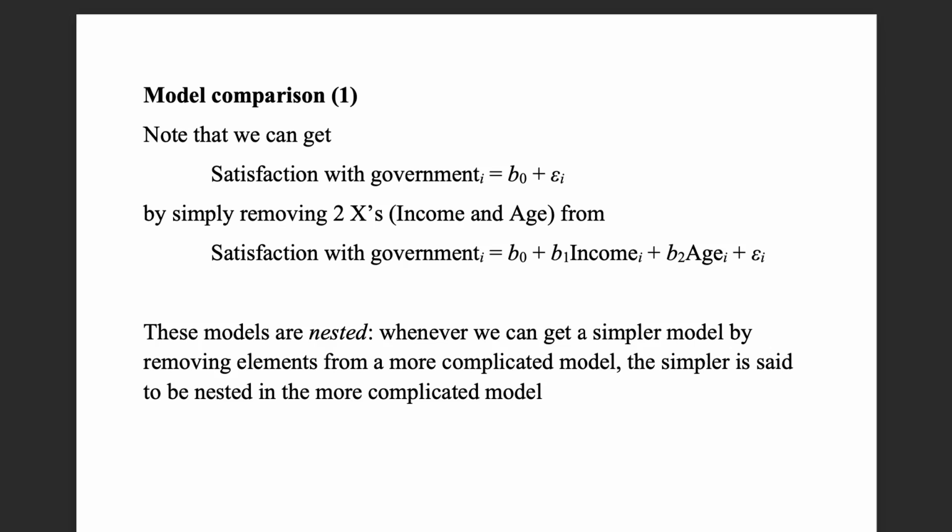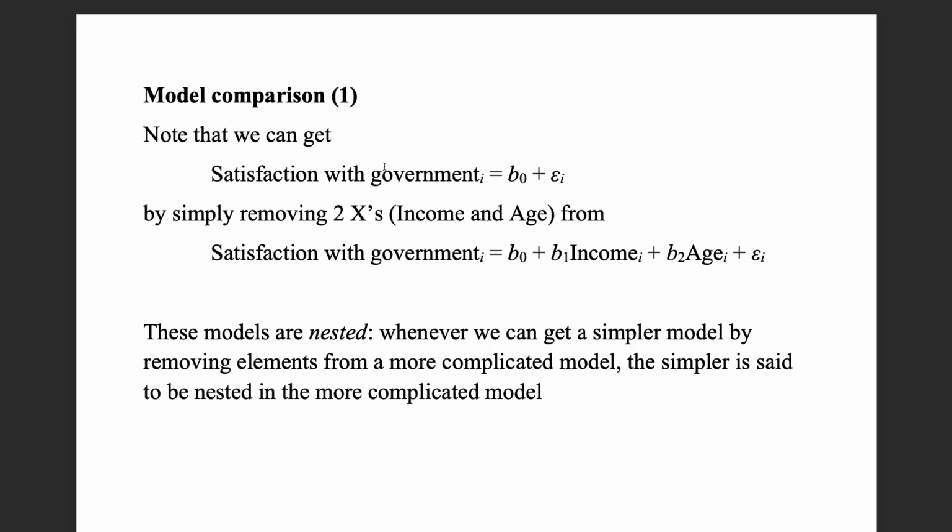So whenever we have the situation where we have a more simple statistical model and a more complicated model, and we can get from the complicated model to the simpler model simply by taking things out, removing elements from our complicated model so we get a simpler model, so removing coefficients and the corresponding independent variables from our model, then we call those models nested. They are nested within each other.